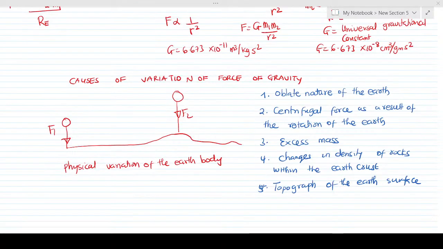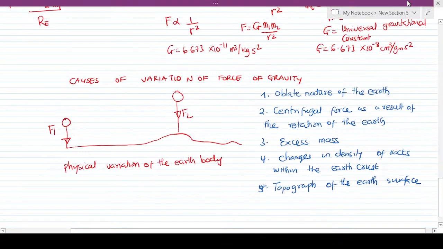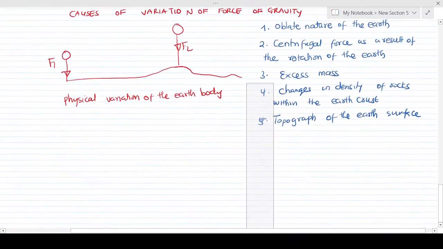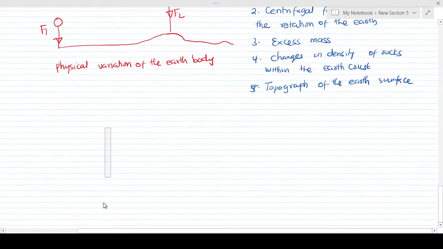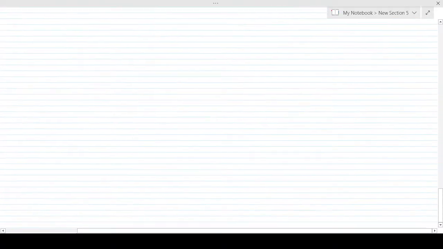All right. So let's see. First of all, we are going to look at the oblate nature of the earth.